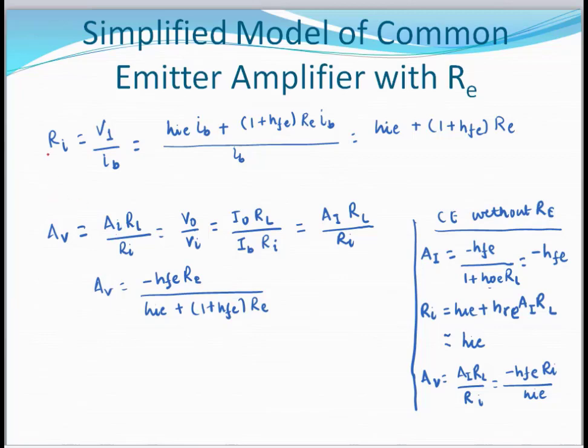And here if you see the input resistance, in case of without RE we are getting HIE, but with RE we are getting RI as HIE plus 1 plus HFE RE, so it is increasing the input resistance. So here input resistance increases.